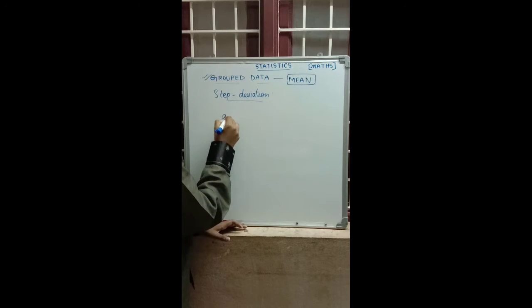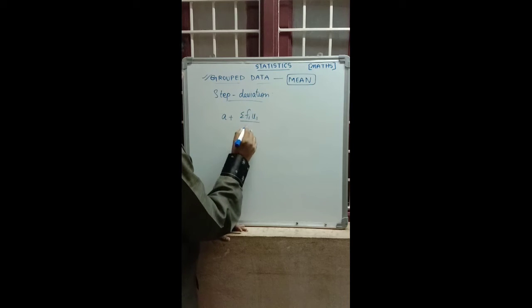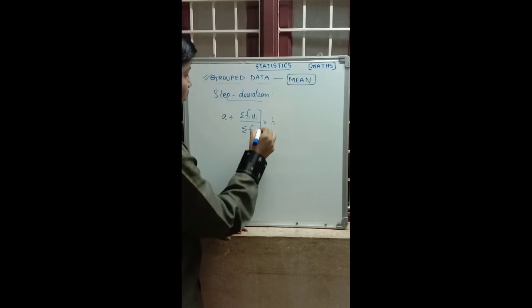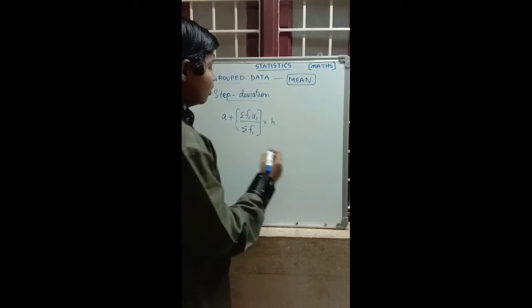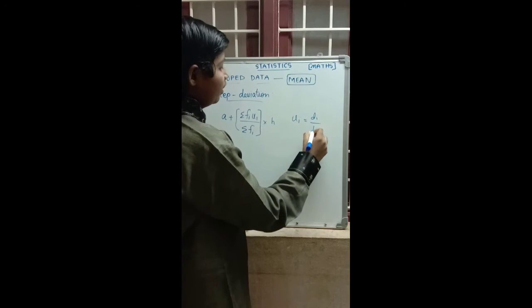Formula: A plus summation fi into ui by summation of fi into h. This is the formula of the step deviation, where ui is equal to di by h.